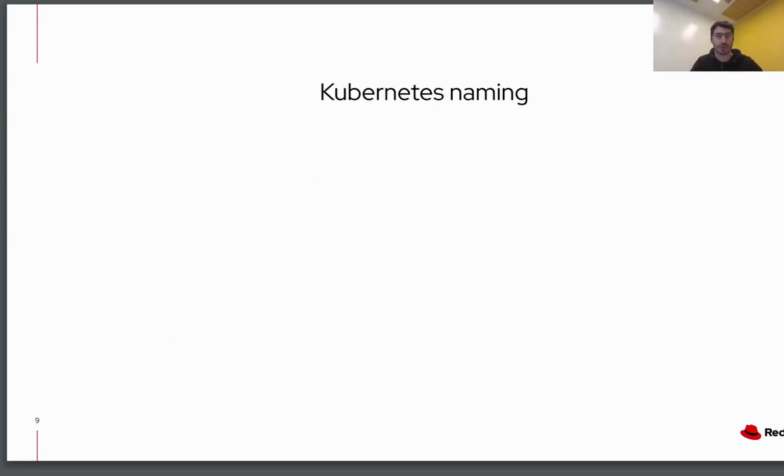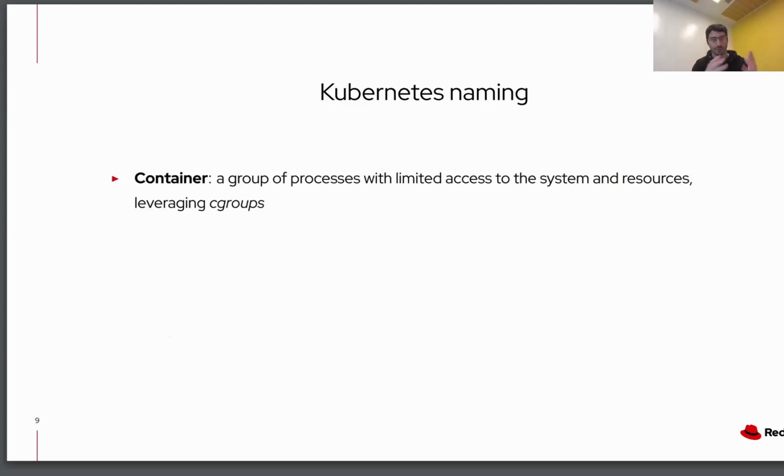A couple of things on Kubernetes naming, because as with everything in IT, it tends to be an abstraction layer and create new kinds of terms for things that you might be used to naming in different ways. So first of all, we have the containers. As before, we discussed the aspect of the container, but the interesting thing about containers, I think, is that in reality, they are not really anything too fancy.